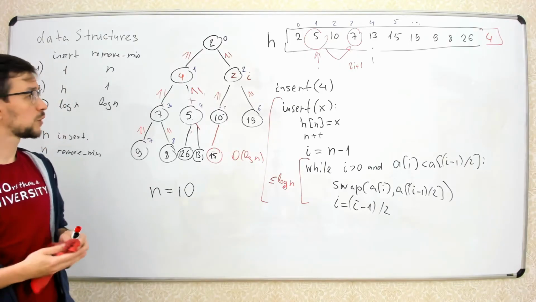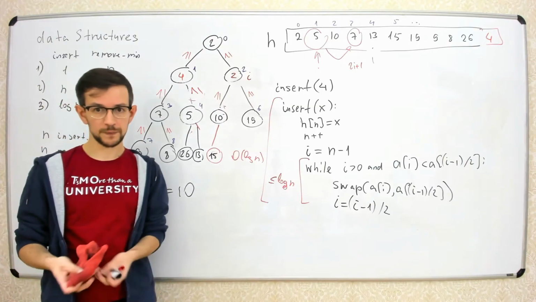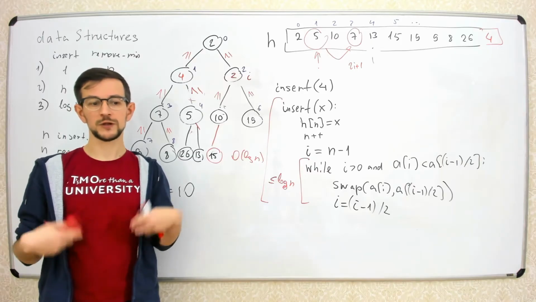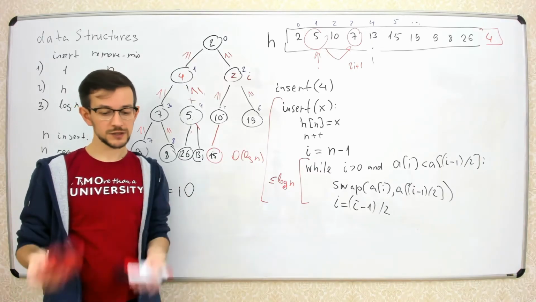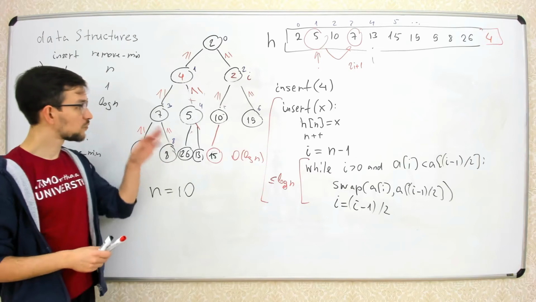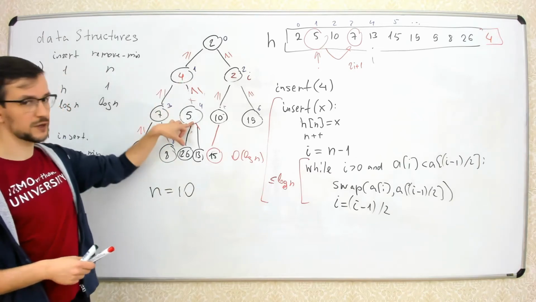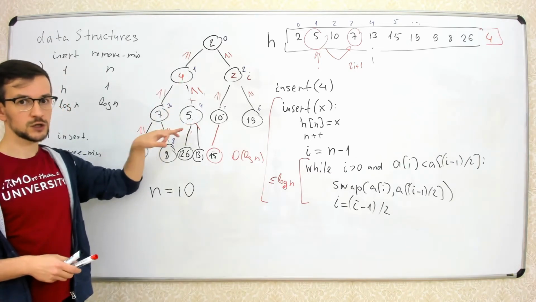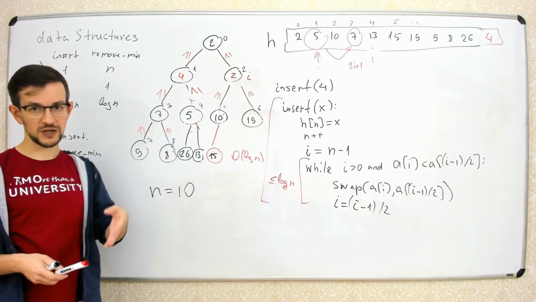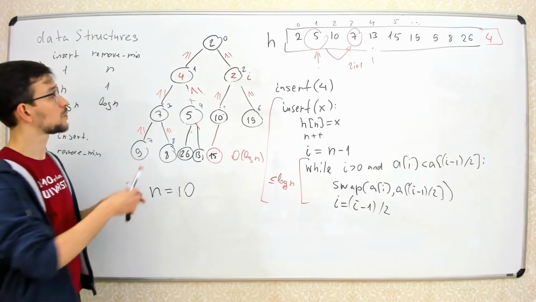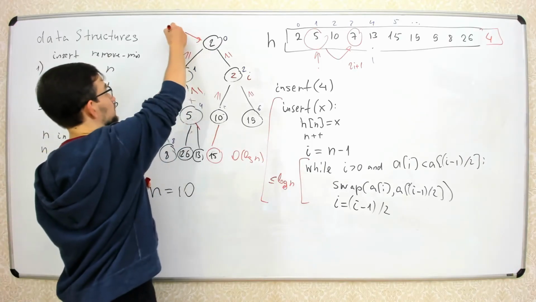First, again, we need to remove the minimal element from the binary heap. How to find the minimal element of the binary heap? That's quite easy, because for each element we know it is less or equal than its children. So the minimal element of the binary heap must be in the root. So the minimal element is always here.